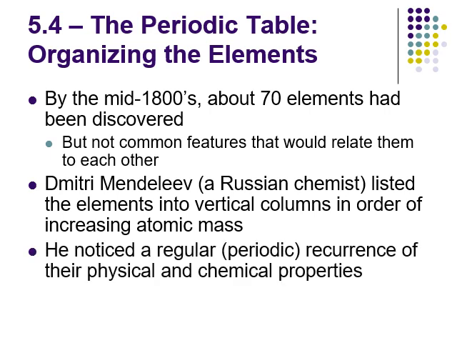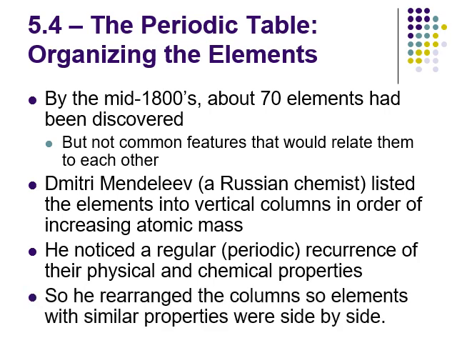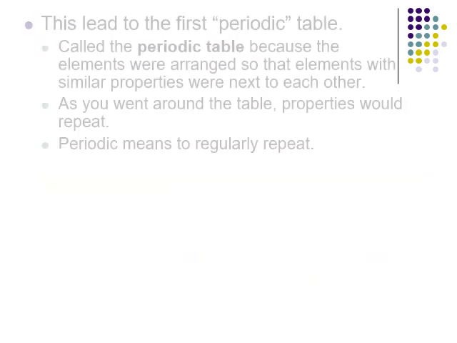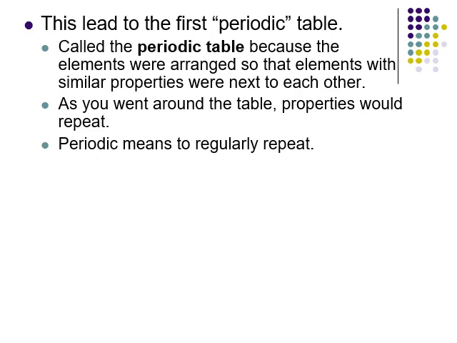And what he noticed was this periodic, or regularly repeating, pattern of chemical and physical properties. So he rearranged the columns so that elements with similar properties were side by side with each other.